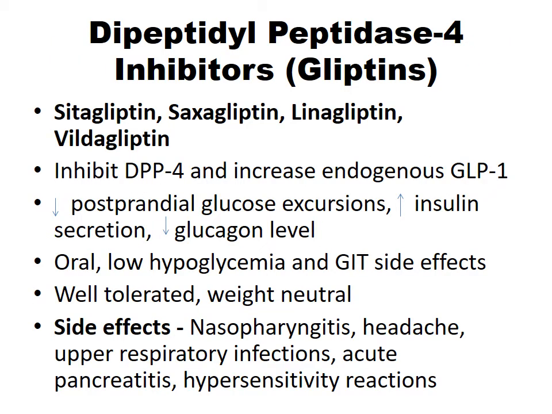Dipeptidyl peptidase 4 inhibitors, gliptins, such as sitagliptin and saxagliptin. These drugs inhibit the dipeptidyl peptidase 4 enzyme, which degrades glucagon-like peptide 1. Therefore, they increase the endogenous concentration of GLP-1. They tend to decrease the postprandial glucose excursions, increase the insulin secretion, and decrease the glucagon level.